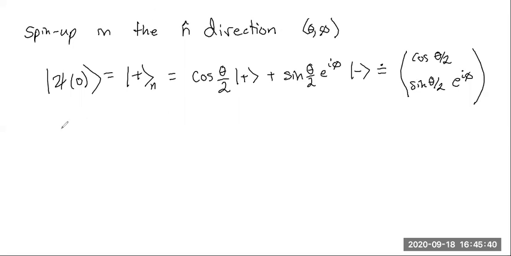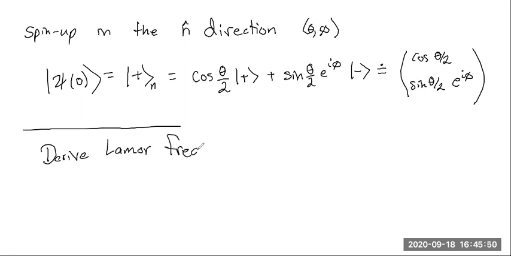So what we're going to do in class is derive the Larmor frequency by taking this initial state. We've already found the energy eigenstates, which is step 1. So we'll start with step 2, which is finding the state as a function of time.